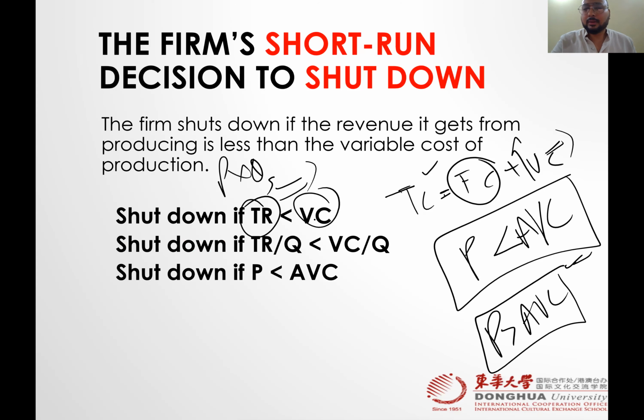If you convert that, if you take TR and make it average, the condition is if price is less than average variable cost, then you choose that. We are not opening our factory, because by producing more, we are having more losses, because the market price is not in a favorable condition right now.